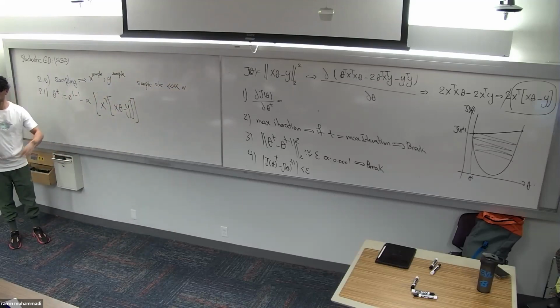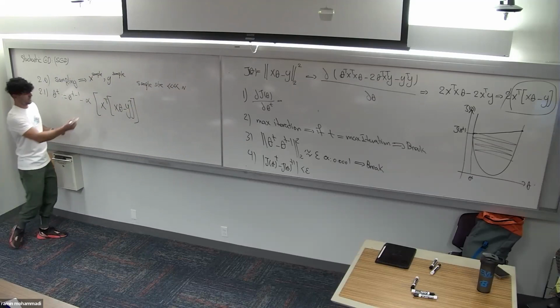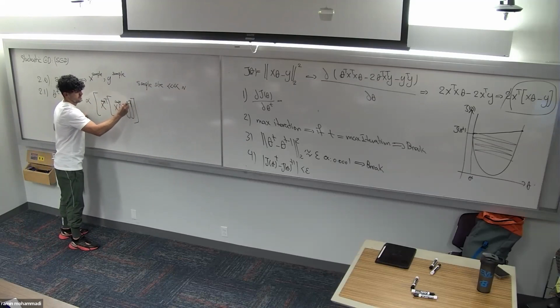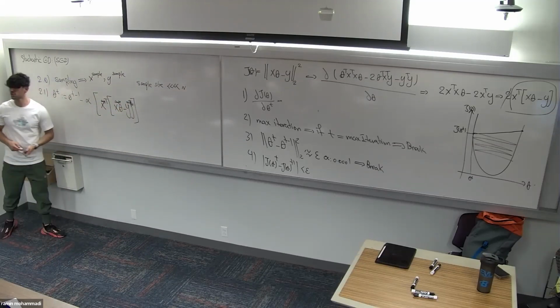Okay, you decide depending on how much computational power your machine has. So this becomes X sample, and this becomes y sample. Rather than using all your data, you just use a sample.